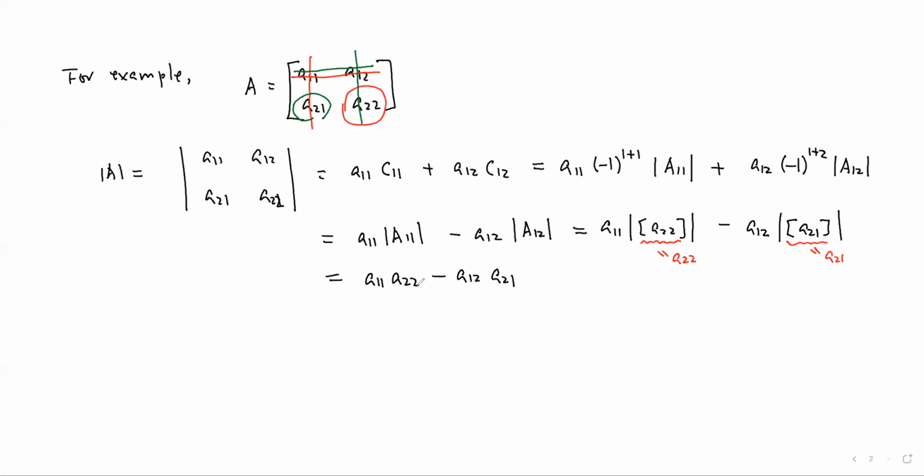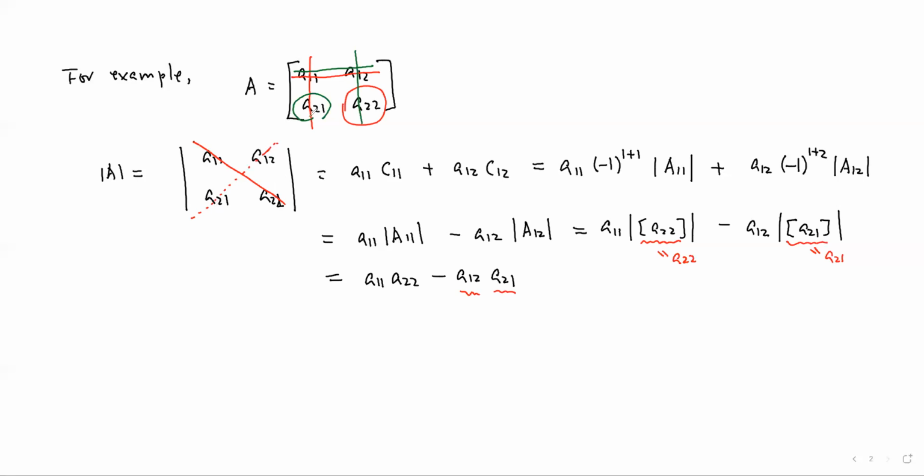A11 and A22 are the entries on the main diagonal line. A12 and A21 are the entries on the anti-diagonal.